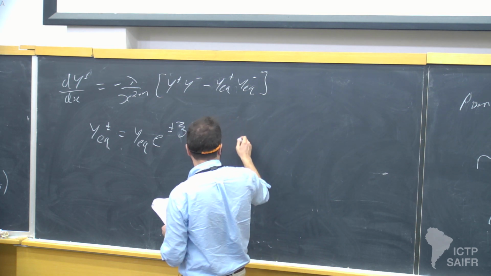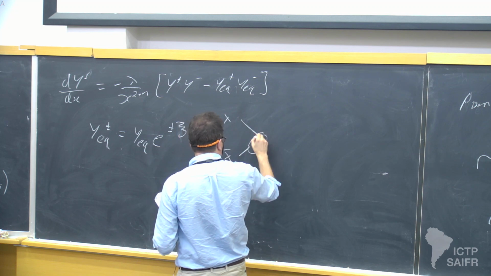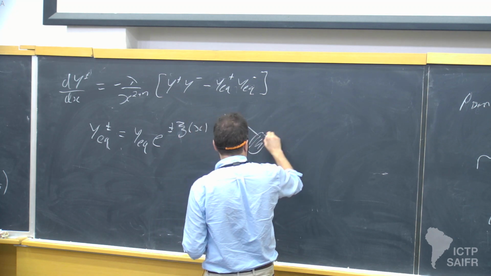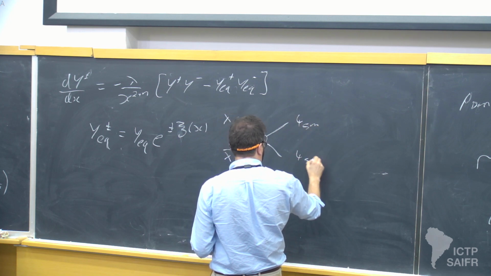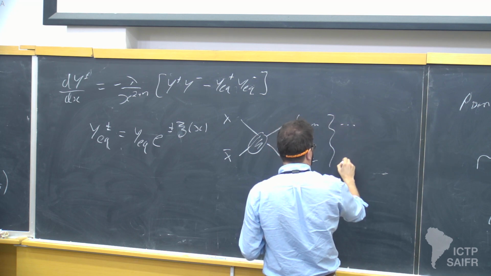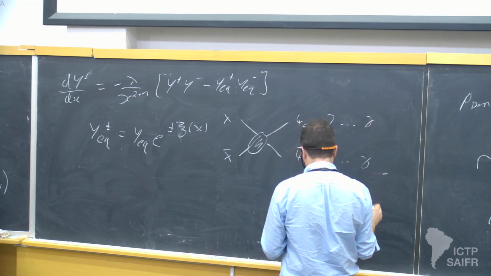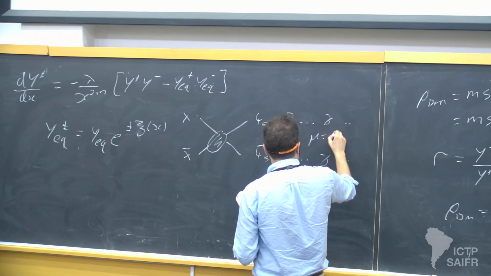So when this thing is in equilibrium, x bar is annihilating rapidly, say to standard model particles, eventually to photons in the thermal bath, and here the chemical potential is 0.